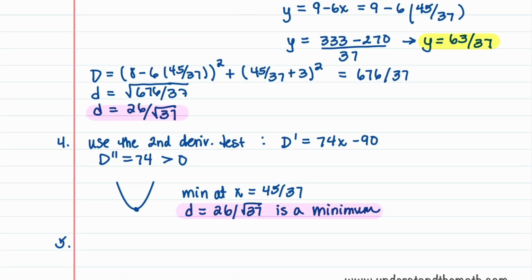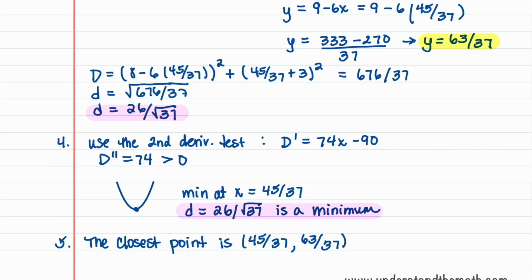So for part 5, we're going to write down that the closest point is 45 divided by 37, comma 63 divided by 37. And that's our final answer.